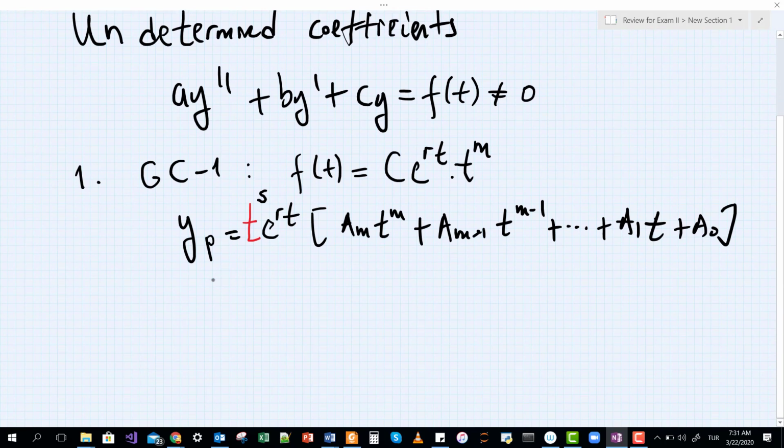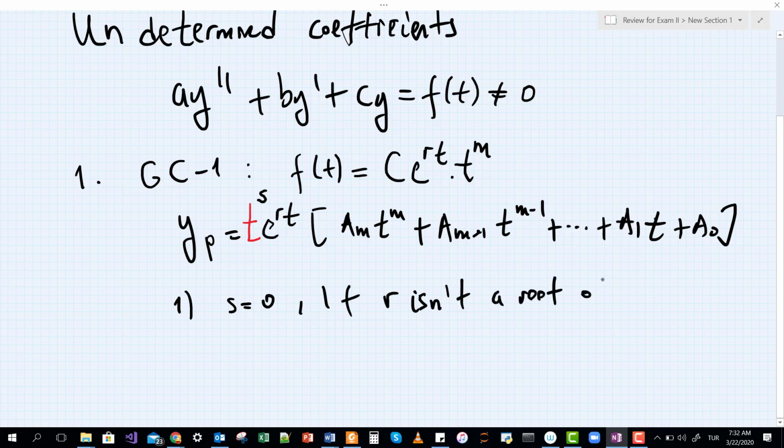They help us determine what the s is gonna be. s is gonna be 0 if r is not a root of the auxiliary equation.